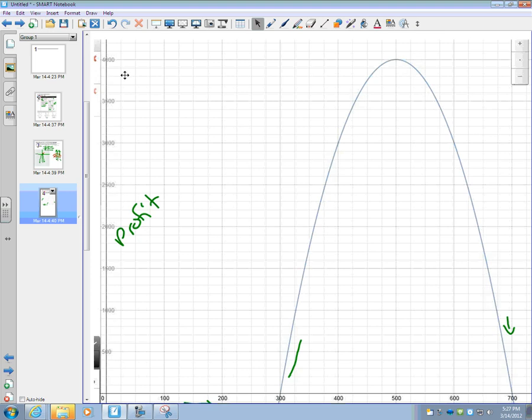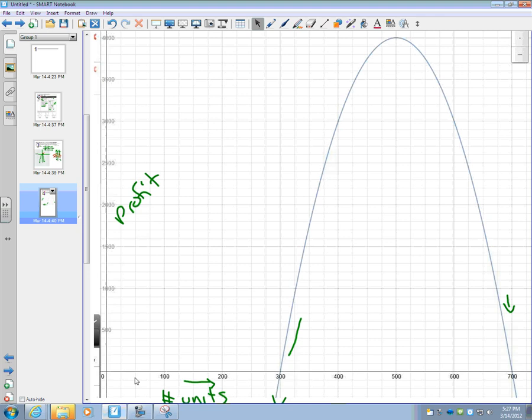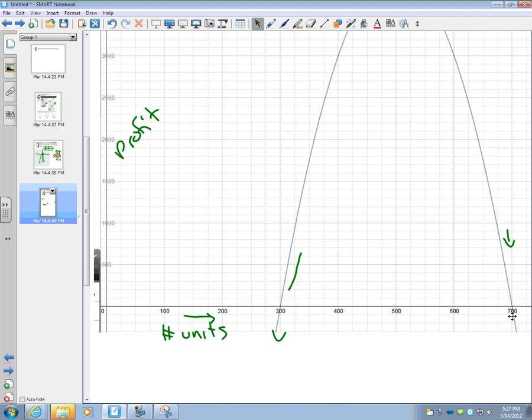They can make a maximum of $4,000. So we're always looking at those x-intercepts to find our solution. The other thing they could say is, if they made more than 700 units, they're going to start losing money. That's something kind of important. Okay, so that's all the concepts you need for today.